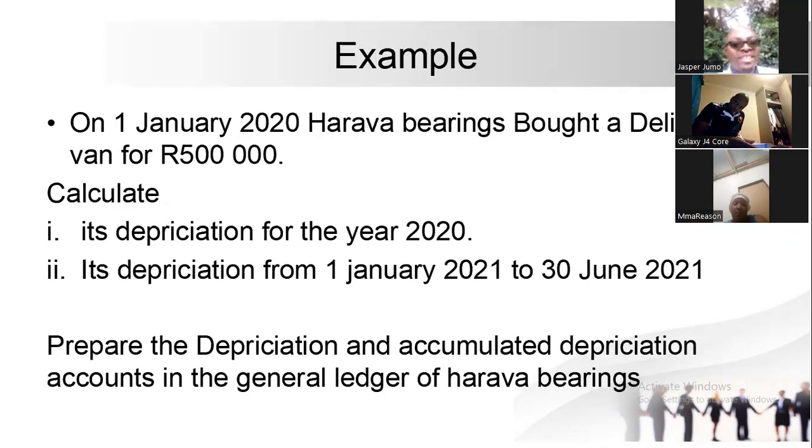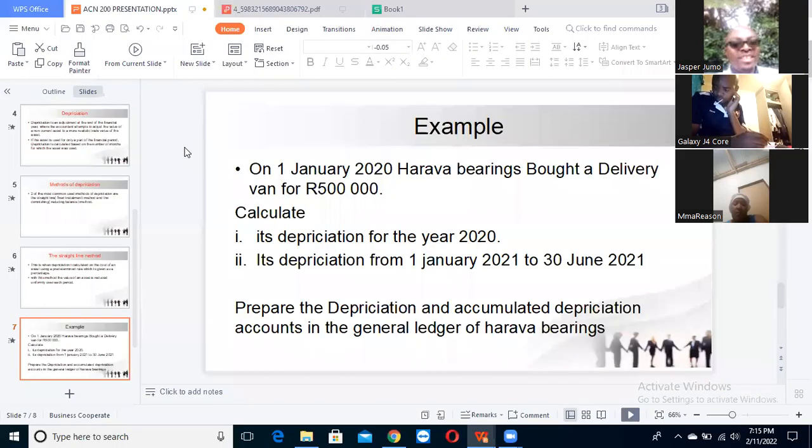I would like us to look at an example pertaining to the straight line method, and then we will move on to the diminishing balance method. So the example reads, on 1 January 2020, Arava Bearings bought a delivery van for 500,000 Rand.